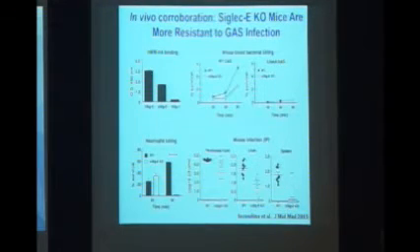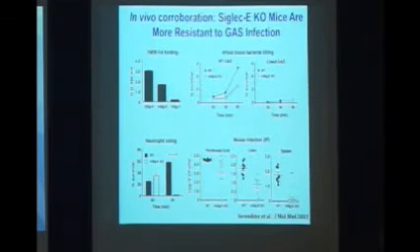There is a murine paralog of Siglec-9 known as Siglec-E, and we found some binding of Siglec-E by the hyaluronic acid capsule of group A strep.